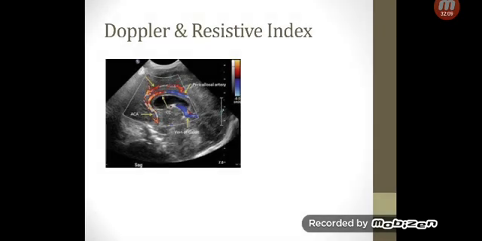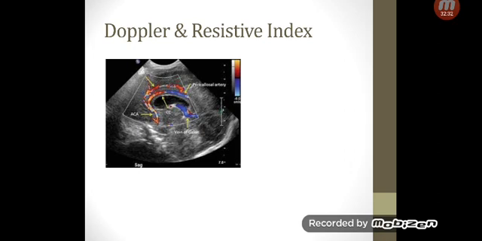Okay, so we've discussed most of what you can pick up with the cranial ultrasound. Now we get to something that is tricky but is important, which is how we use Doppler with cranial ultrasound in a basic way to get the resistive index, which can tell us about other stuff.